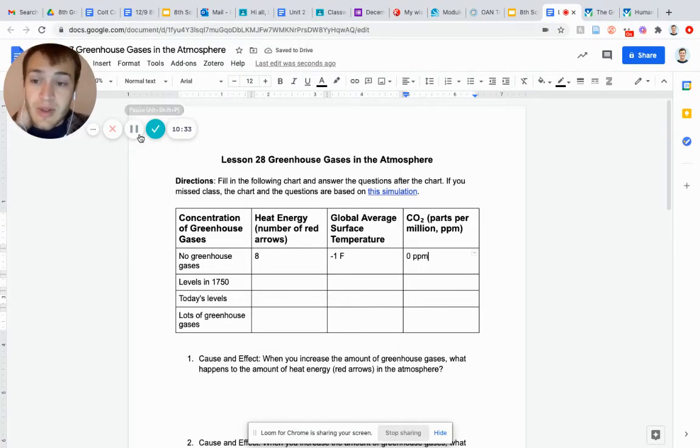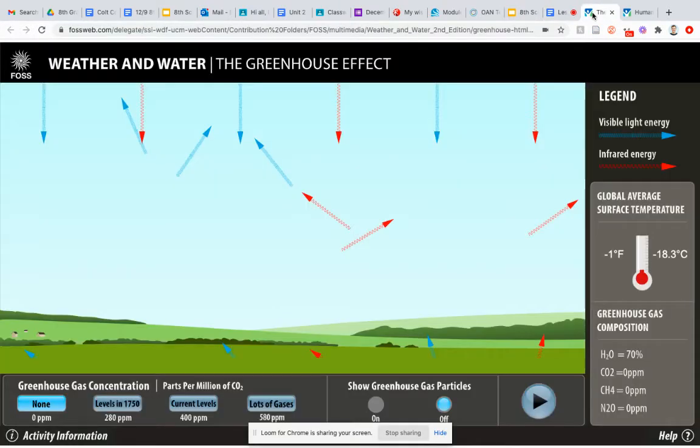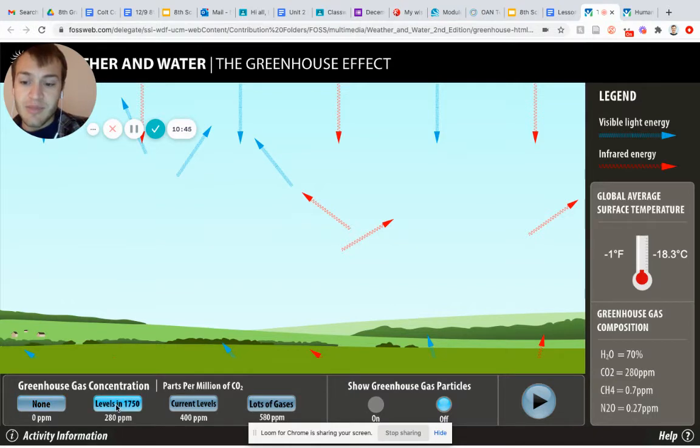Great. So now what we're going to do is look at the CO2 levels in 1750. If we go back to our simulation, we are going to click on levels in 1750, and we're going to see how this changes our simulation.